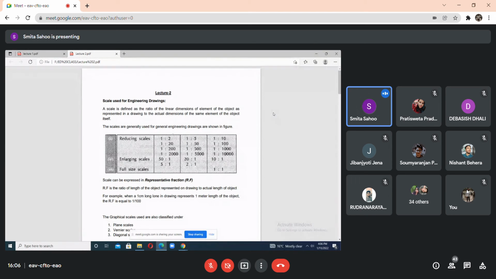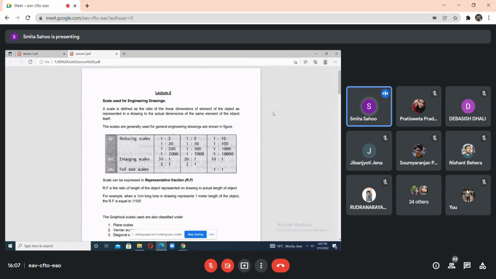Now we are coming to scales, the scales that are used in engineering drawing. So finally, what is a scale? A scale can be defined as the ratio of the linear dimension of the element of the object as represented in a drawing to the actual dimension of the same element of the object itself, because maybe the object is too small or it may be large, and we cannot show the exact dimension on the paper.